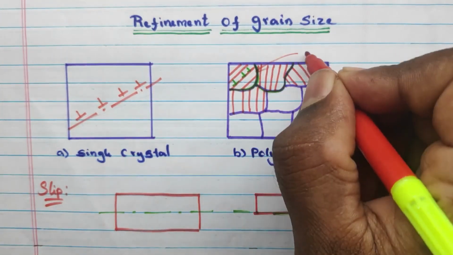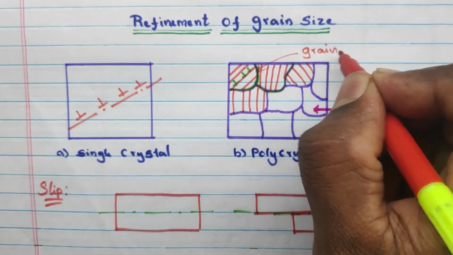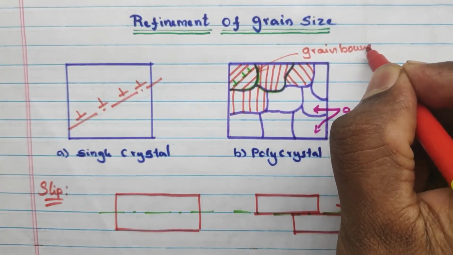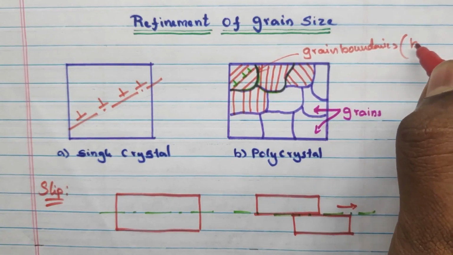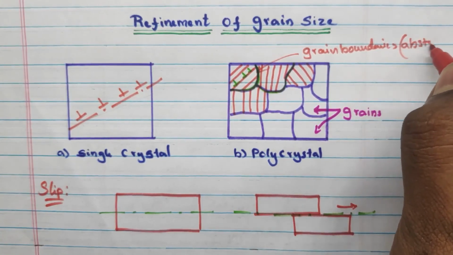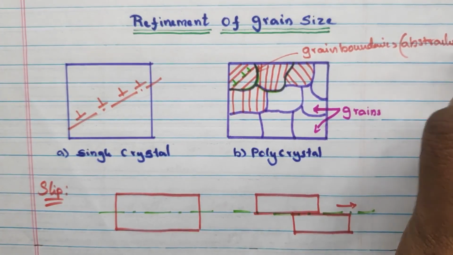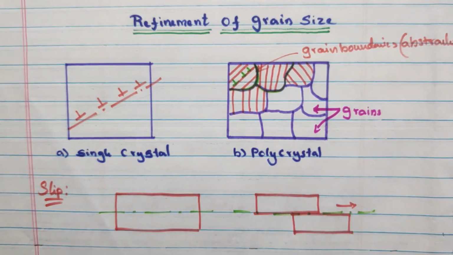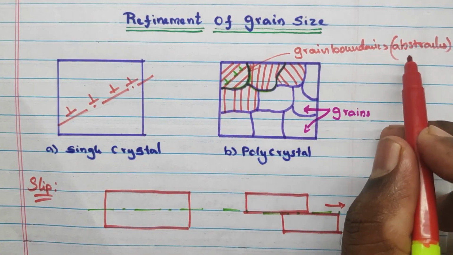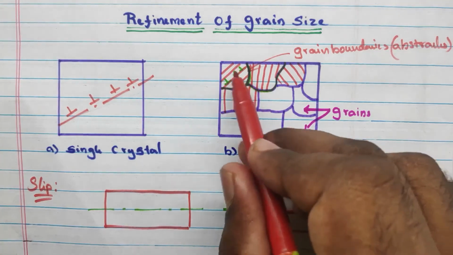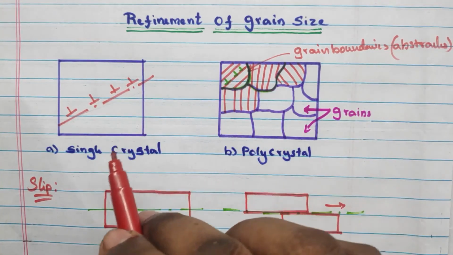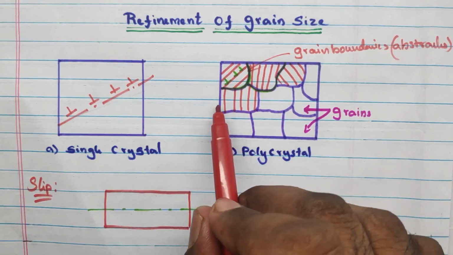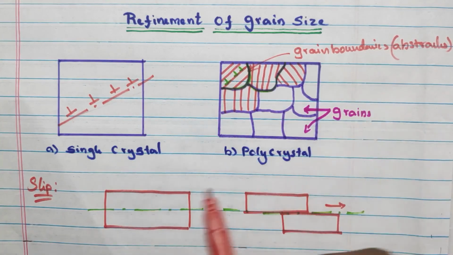Grain boundaries will be acting as obstacles. Because of these obstacles, the dislocation in the polycrystal will be slowed down from region to region. It doesn't happen like in a single crystal. That means it won't affect the entire material.